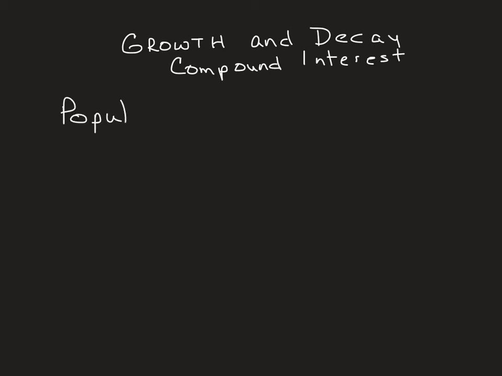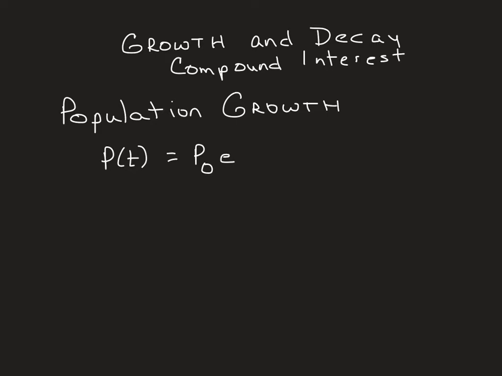We'll look at both population growth and decay, but there's a basic formula for population growth, and that is the population at time t is equal to P sub 0, where P sub 0 is your initial population, times e to the k, which is your rate that it's growing, times time.